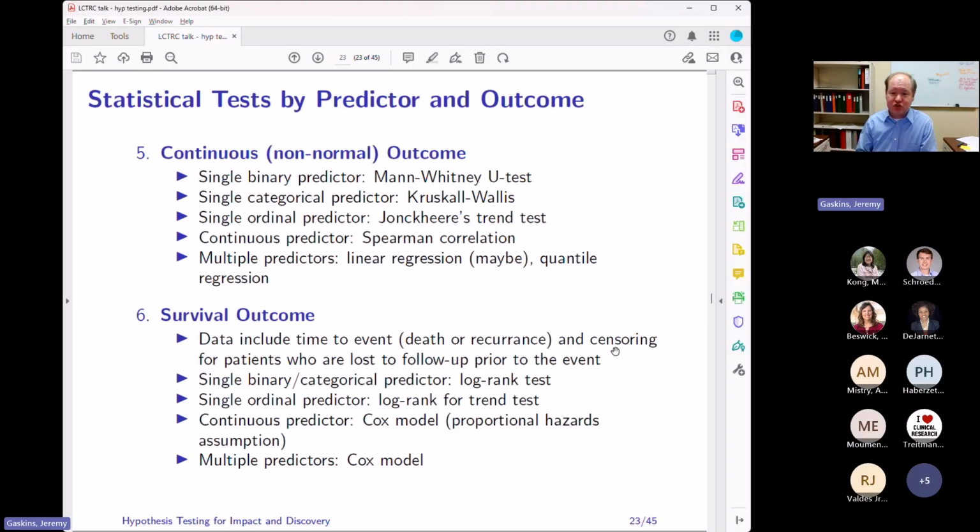I've got different choices of what the appropriate test is, based off of my outcome, as well as each combination of predictors. If I have a single predictor, if it's binary, I use one test. If it's categorical, I use one test. If it's continuous, I use one test. Or if I have multiple predictors, I can use different choices as well.